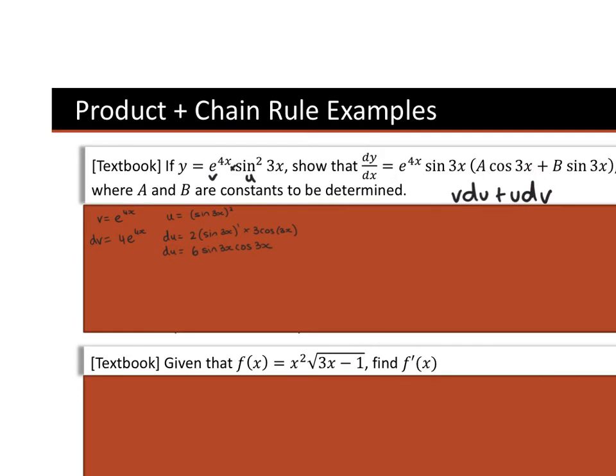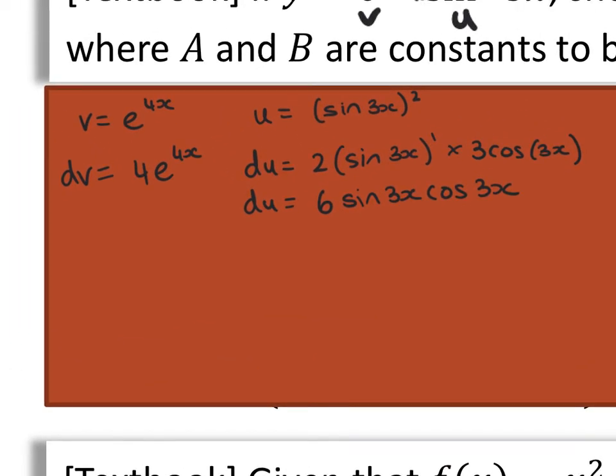Here we go. So we've got all of the values. Remember, v du. I'm going to multiply these two together, v and du, and then I'm going to add these two multiplied together, u dv. And you can see it makes a lovely, nice x, doesn't it? Beautiful.